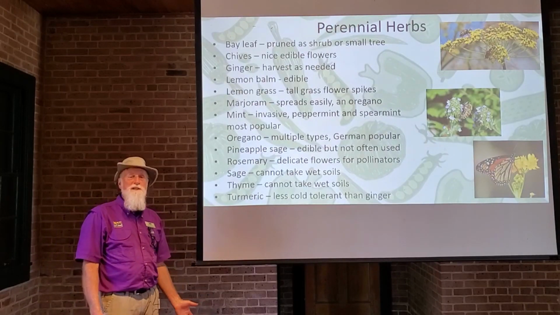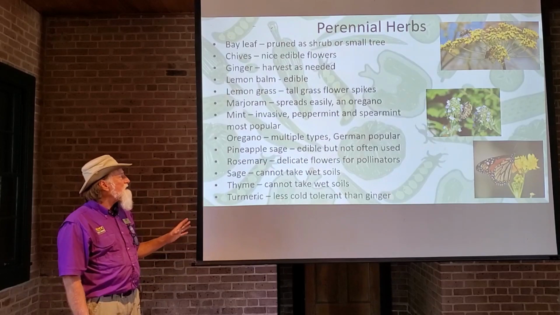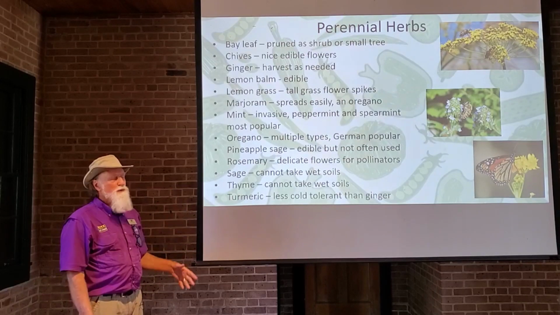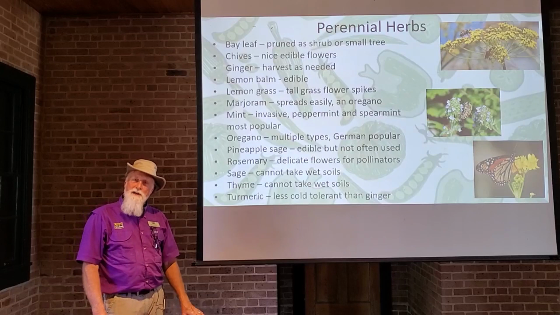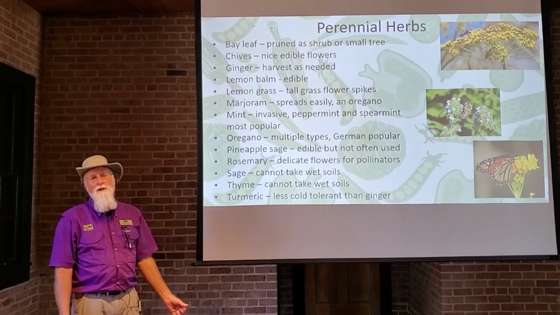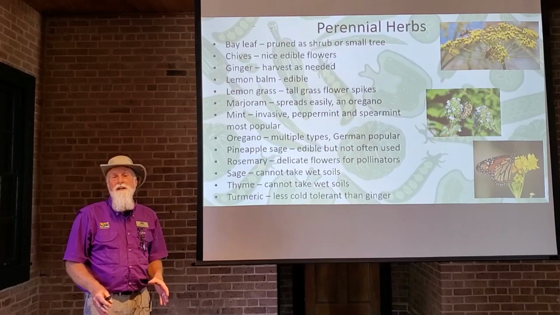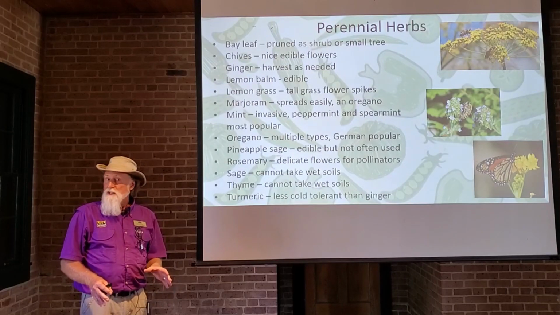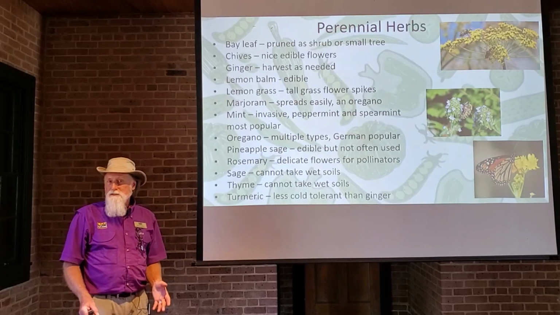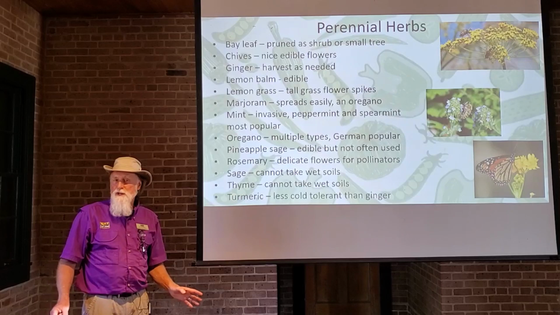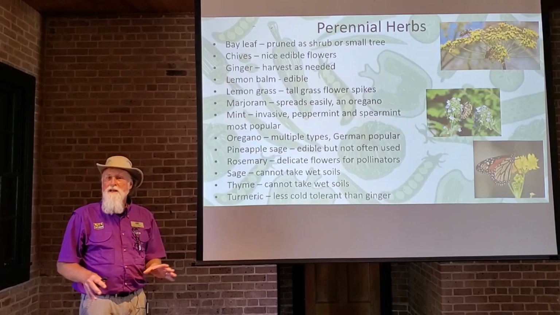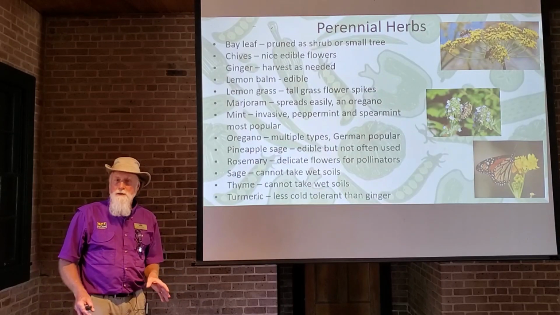They are actually different species. But marjoram, it spreads easily. It's a nice perennial. Mints are perennial. As Anna mentioned, they are invasive, both the peppermint and the spearmint. So you want to keep those in an area that it's either easy to remove those underground stems as they're growing and spreading, or they're in an area that you have some physical barrier stopping them from spreading.